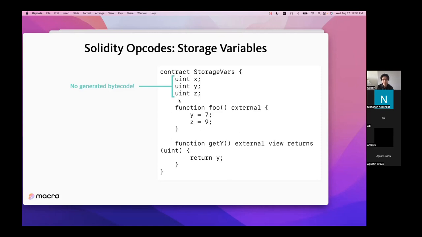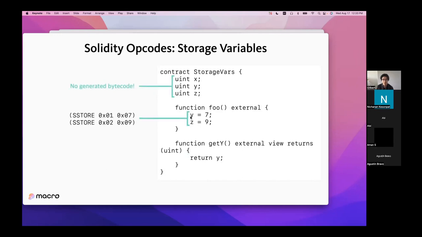First of all, when you declare any storage variable, simple declarations do not actually generate any bytecode. So you can declare as many variables as you want, and that does not increase the size of your contract code. Now, when you actually use variables, that's when these declarations come into play.